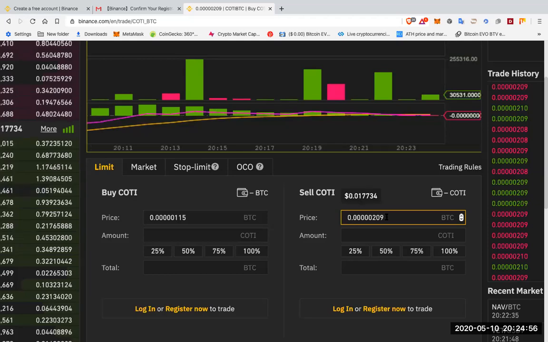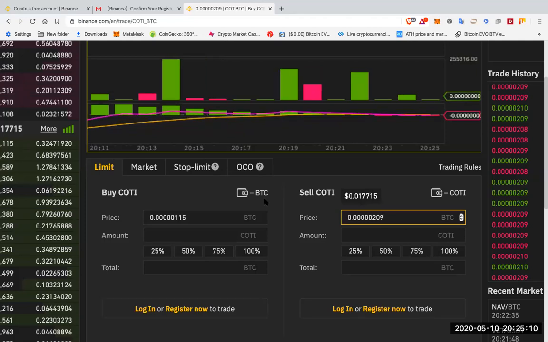Now, when you buy a coin by using BTC, it means you are going to get a number of coins. Now maybe you have 500 coins, so you can't trade all the 500 coins by using the same price. You can scatter them.